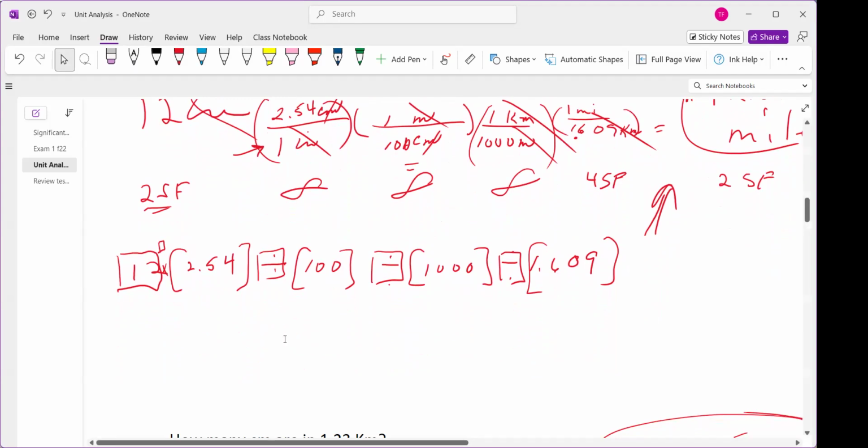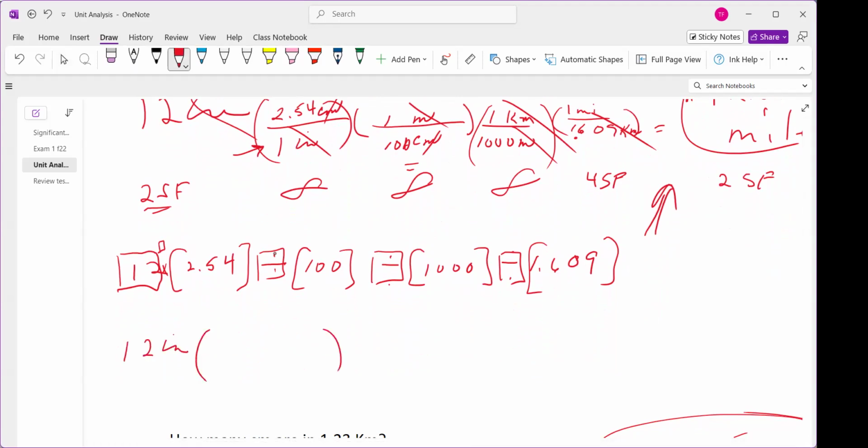Okay, so let's do it using feet. So 12 inches. Let's get over to feet. How many inches are in a foot? Okay, now we're in feet.